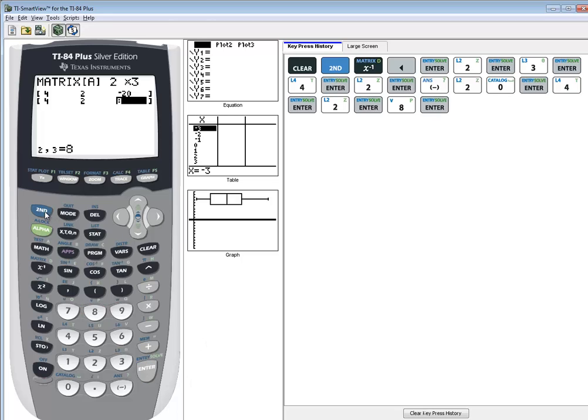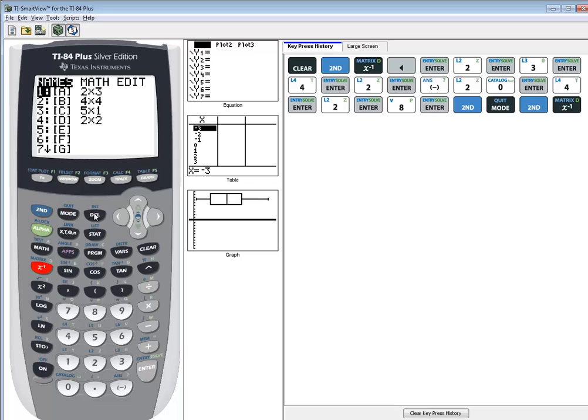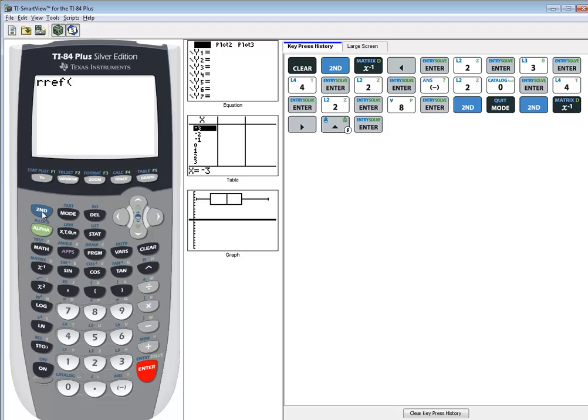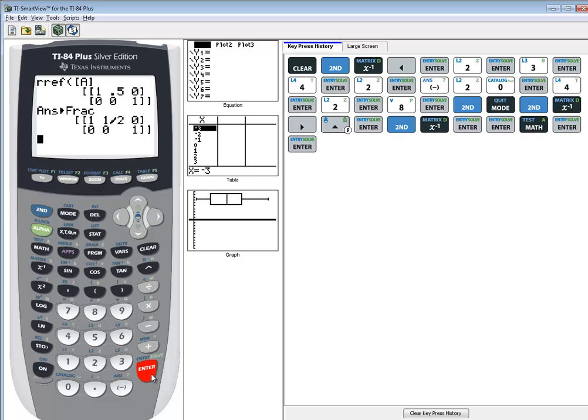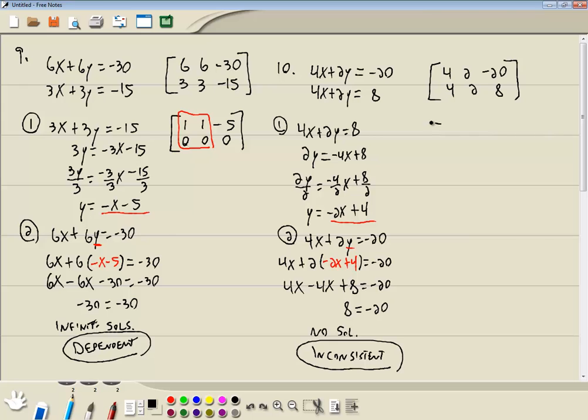Now I'm going to exit out, so I do a second mode. Now I'll go back to the matrix menu, second x to negative 1. Go over to math, right arrow to math, up arrow to RREF. Press enter on it. Go back in my matrix menu, second x to negative 1. Enter on A, enter again. Now we get decimals, we don't want decimals ever. So we do math, enter, enter. At least we don't want decimals on matrices.